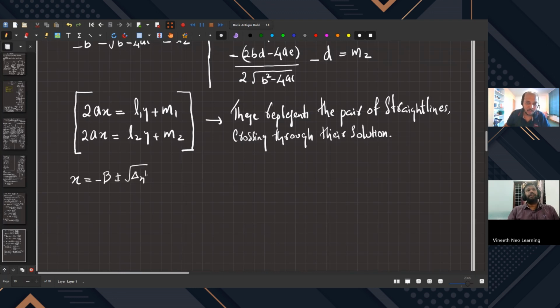So we can write 2ax is equal to negative b plus or minus delta x of y. At y equal to y0, we have already found that value: negative 2bd minus 4ae divided by 2 times b square minus 4ac.